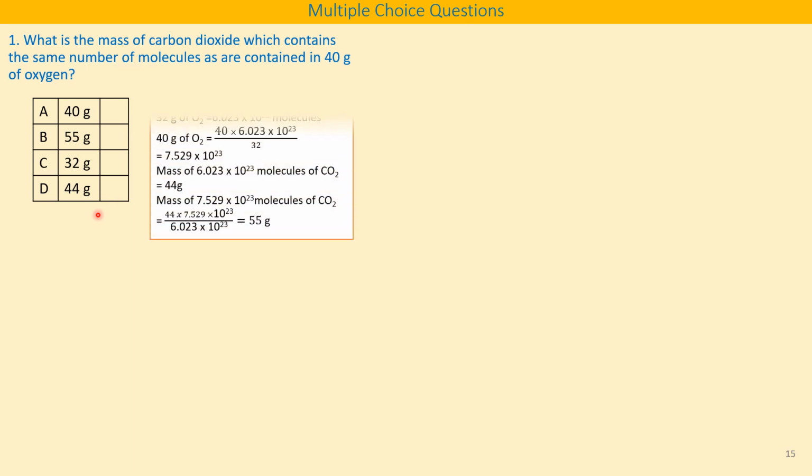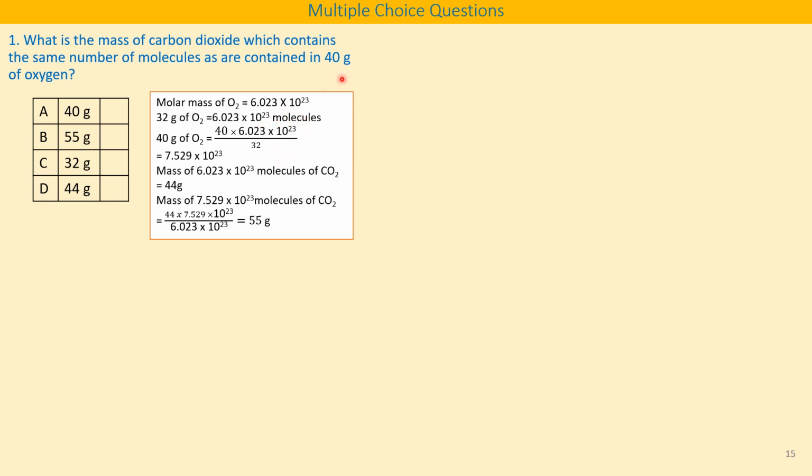Let us analyze the question. 32 grams of oxygen is equal to 6.023 into 10 to the power of 23 molecules.